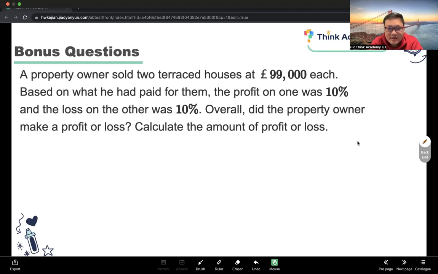So how can you calculate that? Let's see, if you want to get a 10% profit, then what's going to be the original cost you pay for one of the houses? And then if you want to get a 10% loss, what's going to be the cost originally? Yes, Yan Yun, that's right. He made a loss. But by how much?